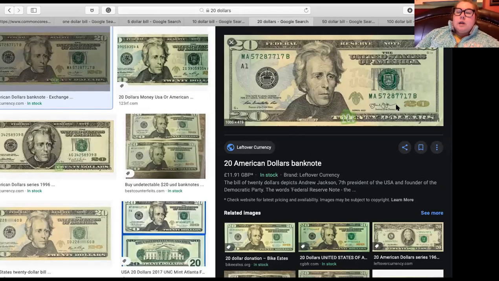So for a $20 bill, you would need 20 $1 bills, or you could do 4 $5 bills, because if you skip count by fives, 5, 10, 15, 20, so 4 $5 bills would make a $20. Or if you skip count by 10, so 10, 20, 2 $10 bills would make a $20.